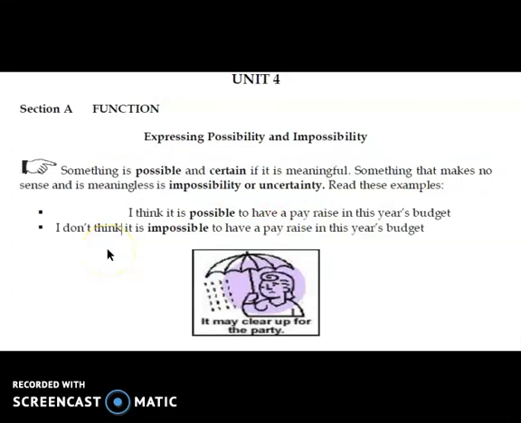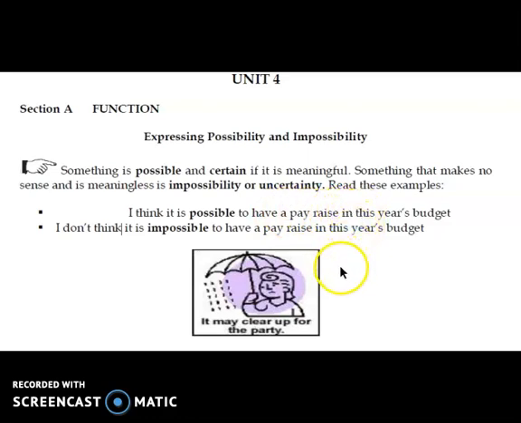Let's quickly take a review of all those expressions which express possibility and impossibility. Something is possible and certain if it is meaningful. Something that makes no sense and is meaningless is impossibility or uncertainty. Quickly take a view of these examples.